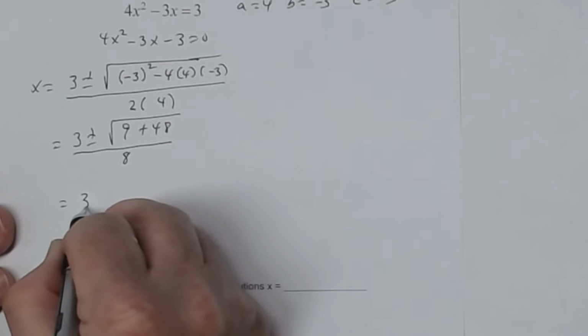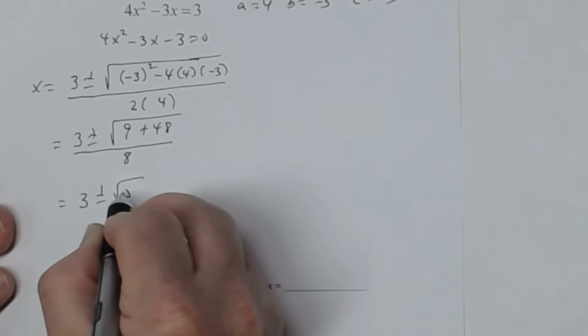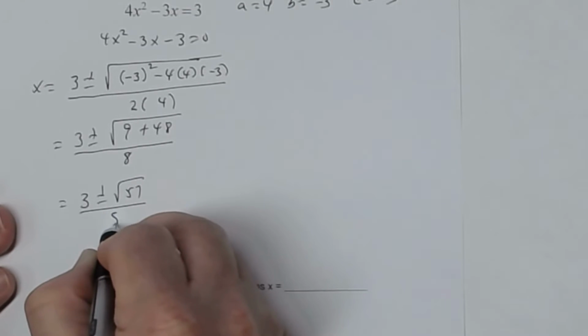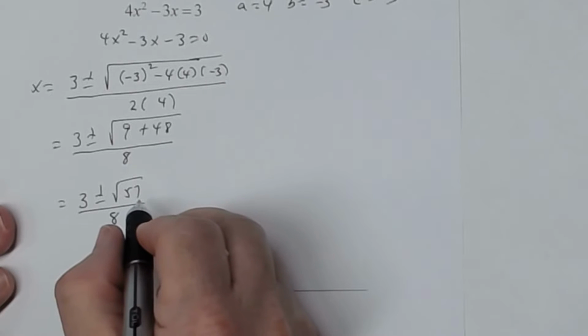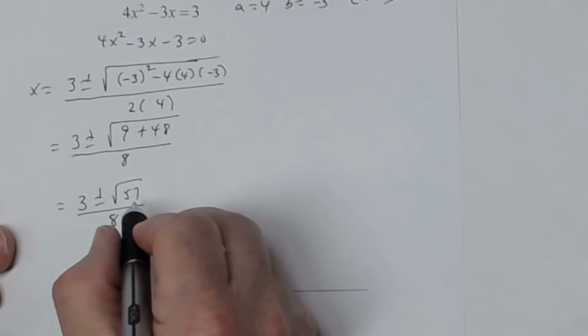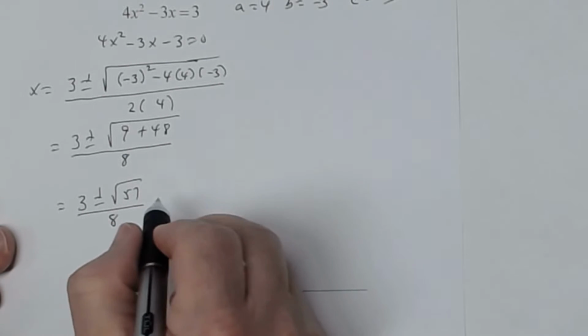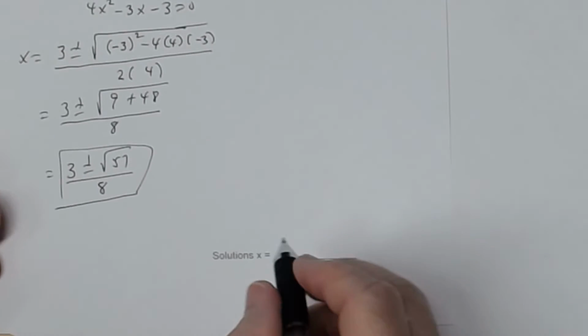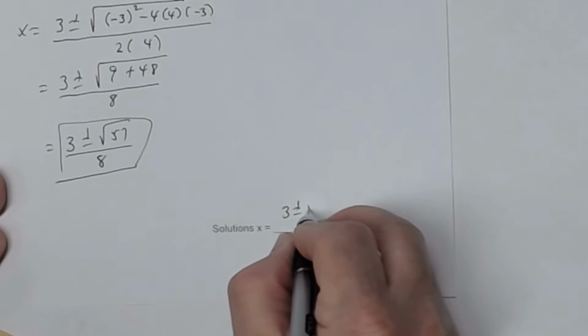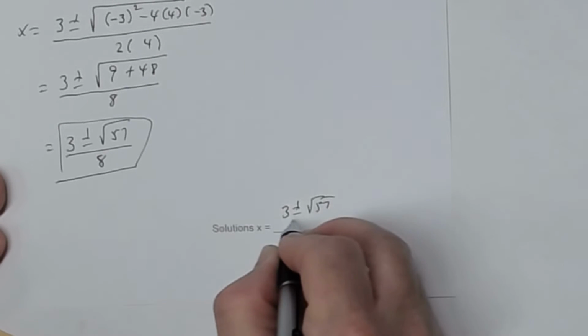And when I do that, I get 3 plus and minus the square root of 57 divided by 8. Now, 57, there is no perfect square other than 1 that goes into 57. So we're done. You cannot simplify the square root of 57. So there's your answer: 3 plus and minus the square root of 57 divided by 8.